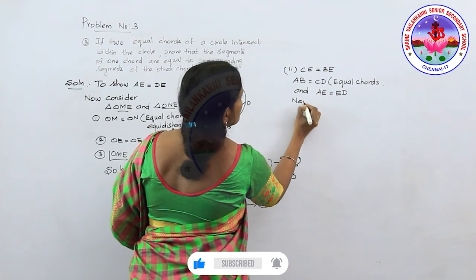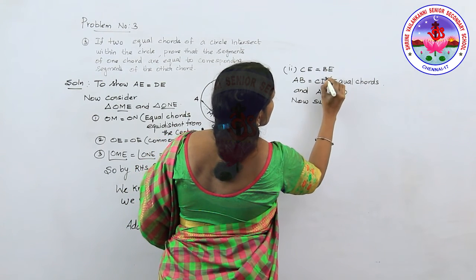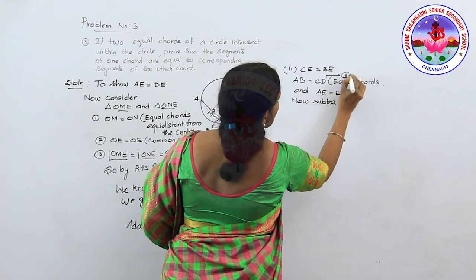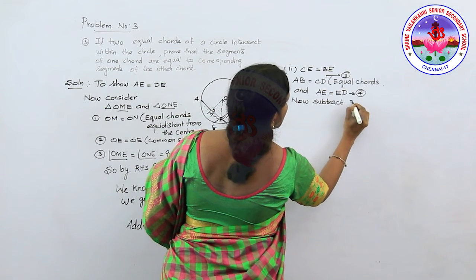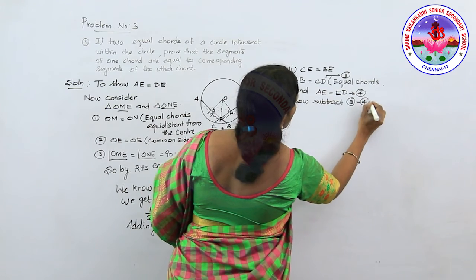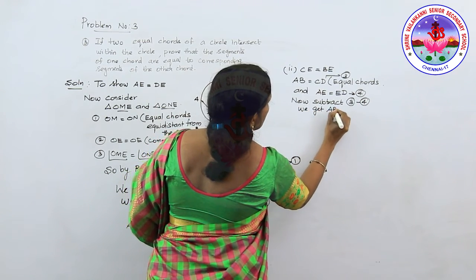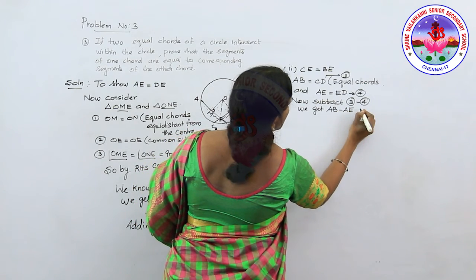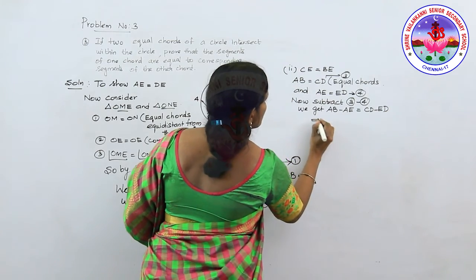Now, calling these equation 3 and equation 4, subtracting 3 minus 4, we get AB minus AE, which is equal to CD minus ED.